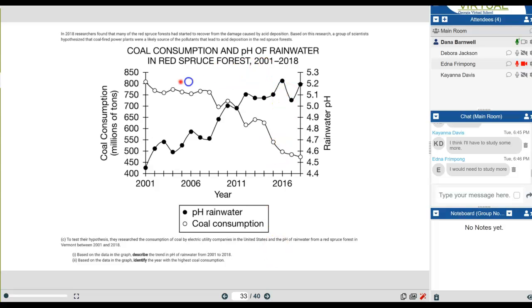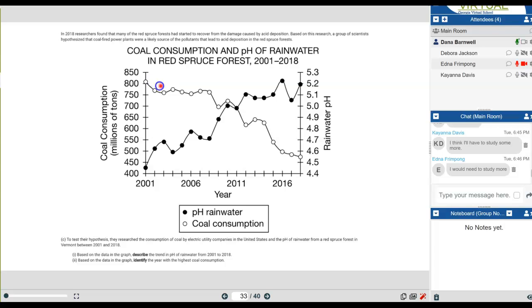I would encourage you to take some time. I'm not going to do it now, but this would be an example of an FRQ where you could practice reading a graph and utilizing the task verbs describe and identify. You look here at the years going from 2001 to 2018, and this data is showing us the pH of the rainwater and the consumption of coal in millions of tons.